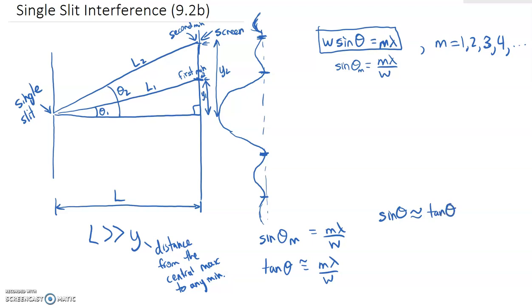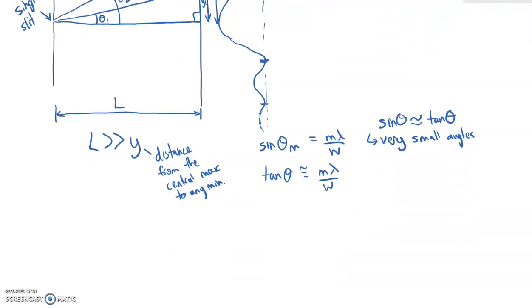That's a generalization we made in our last video, and we're using that again. That only applies when we have very small angles, as we do here. This is a very, very small angle, much less than 1, so we can make this approximation.